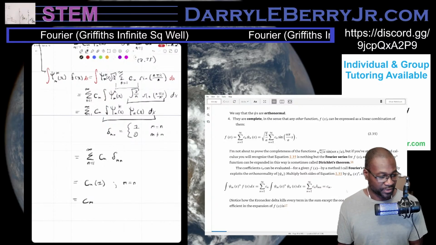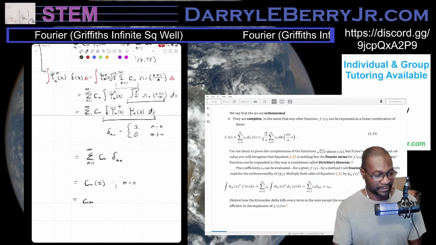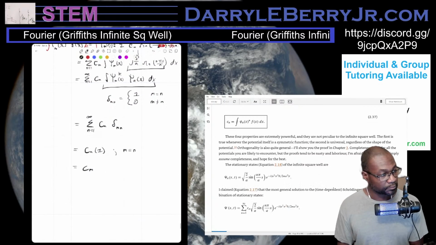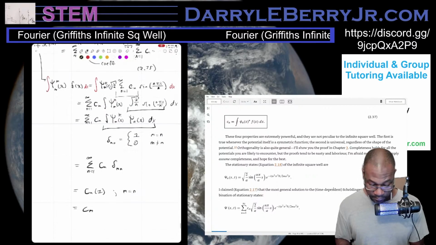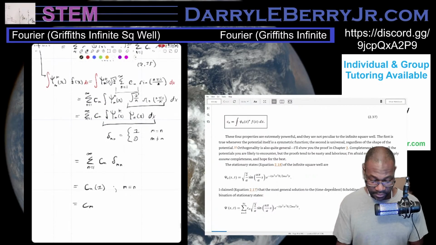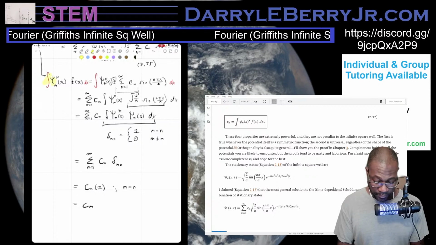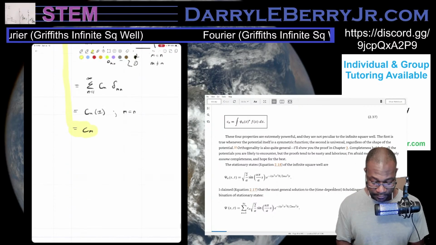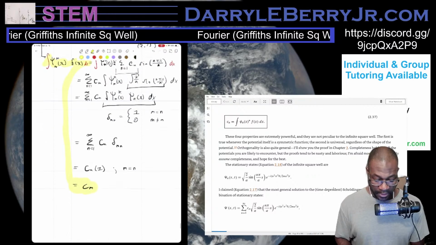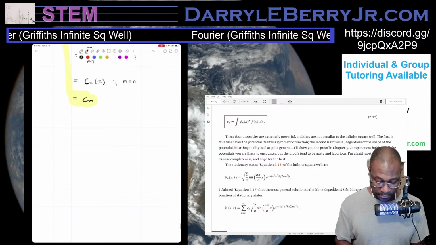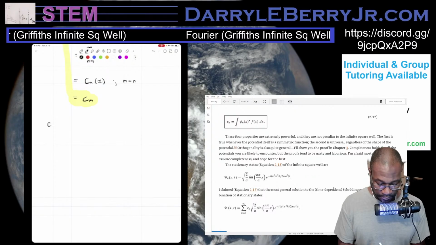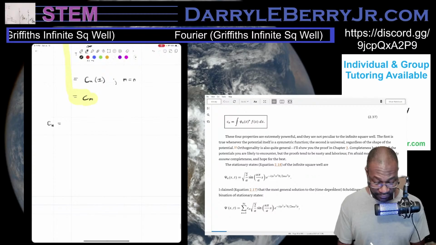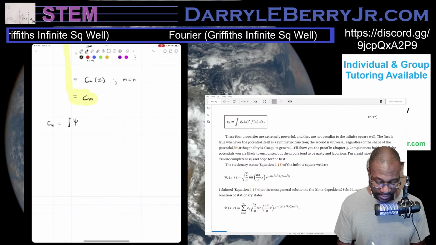Thus, the nth coefficient in the expansion of f of x is, now, in this case, we utilized m and got m. So we want n. We do the same thing, but instead we multiply with the n psi.